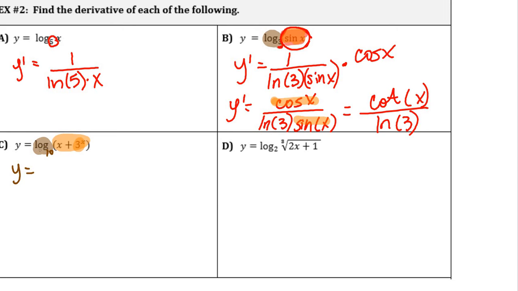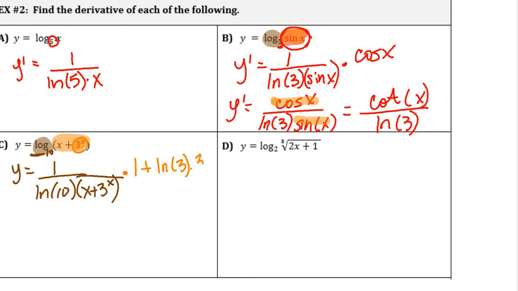So the derivative of just the log is 1 over the natural log of 10 times the original function, so x plus 3 to the x power, times, now I have to take the derivative of this guy. So the derivative of x is just 1 plus, remember, the natural log of 3 times 3 to the x, right?